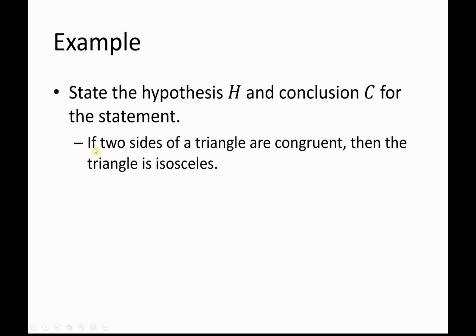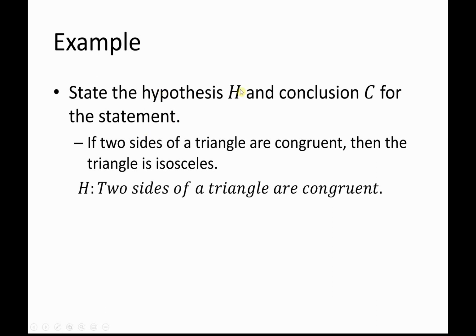All right, here is the example. If two sides of a triangle are congruent, then the triangle is isosceles. So what is the hypothesis here? Since this conditional statement is in the standard if-then structure, the thing after if but before the then is the antecedent, which is now called the hypothesis. So the hypothesis is two sides of a triangle are congruent, okay?